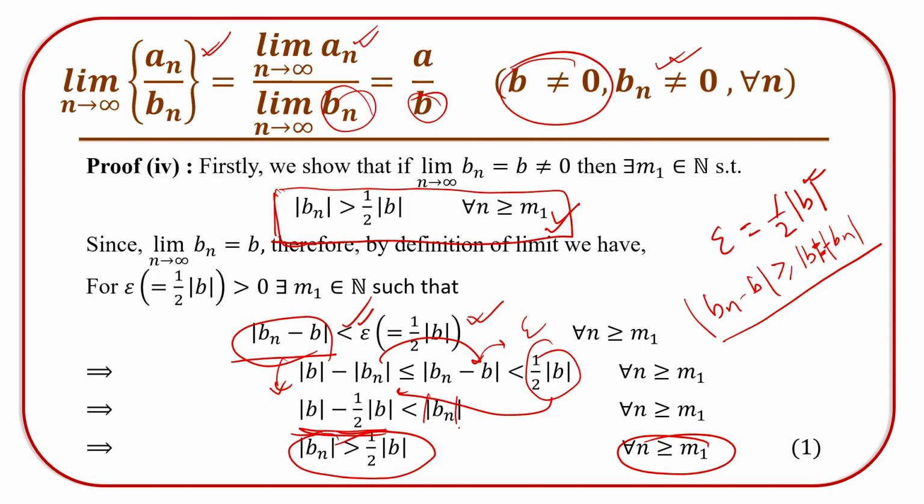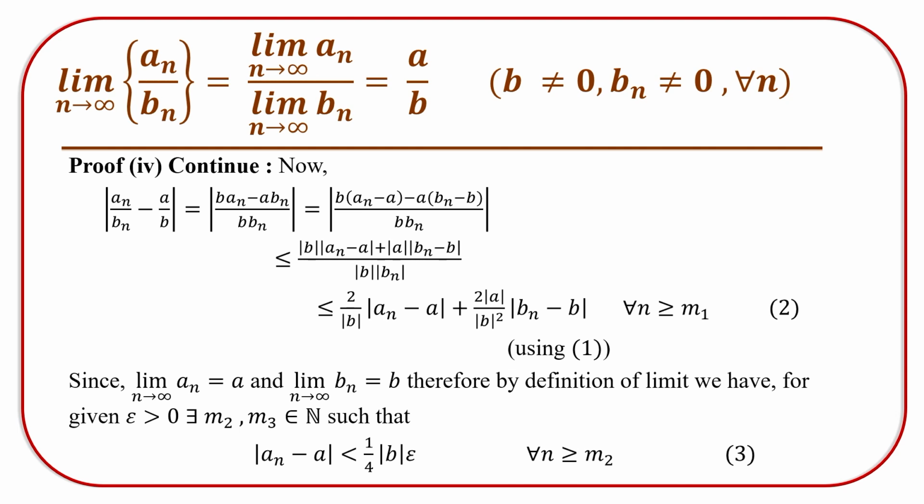And this one, |Bn − B| is less than epsilon. So by these two you will reach the conclusion that |Bn| is always greater than half of |B|, and this is only possible for n greater than or equal to m1, right?